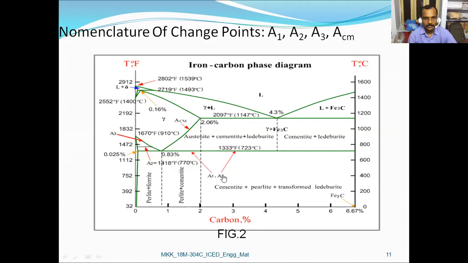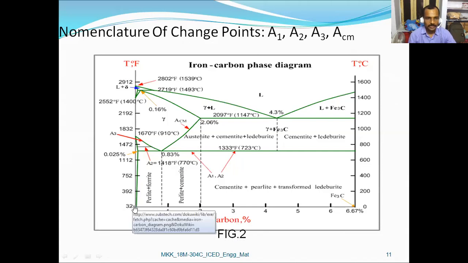So A1, A2, A3 and Acm. The iron-carbon diagram has carbon percentages given as 0, 1, 2, 3, 4, 5, 6, and at the end we are able to see 6.67 percent, and here the temperature in degrees centigrade along with the Fahrenheit.